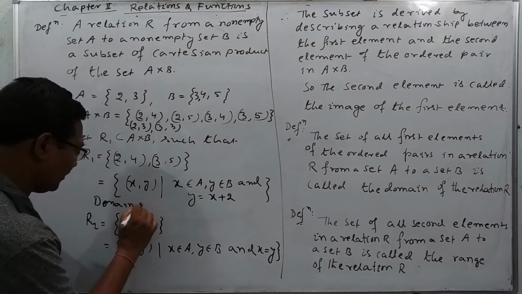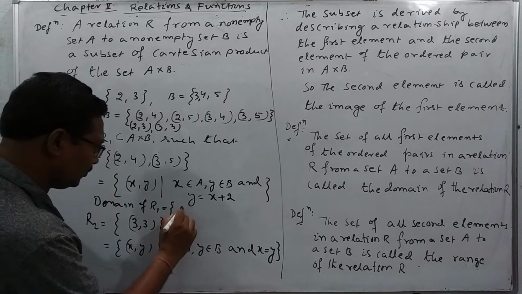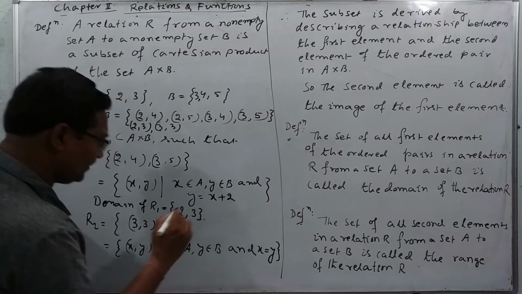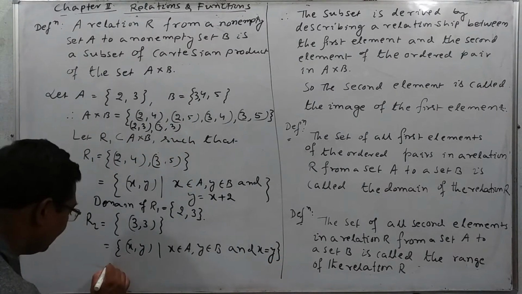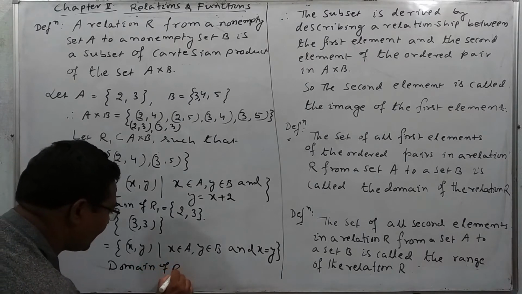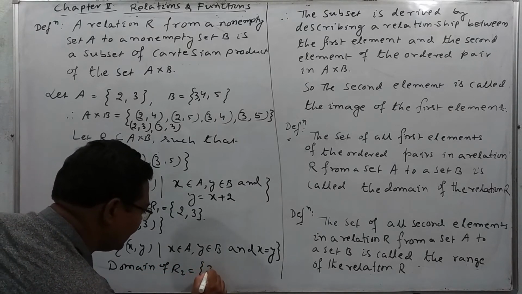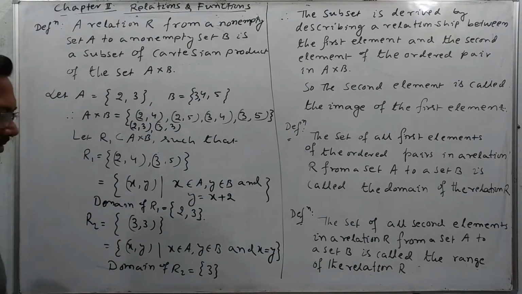The first components, which are 2, 3. It is the domain. Similarly, the domain of R2 is the singleton set {3} only. This 3 is my first component.